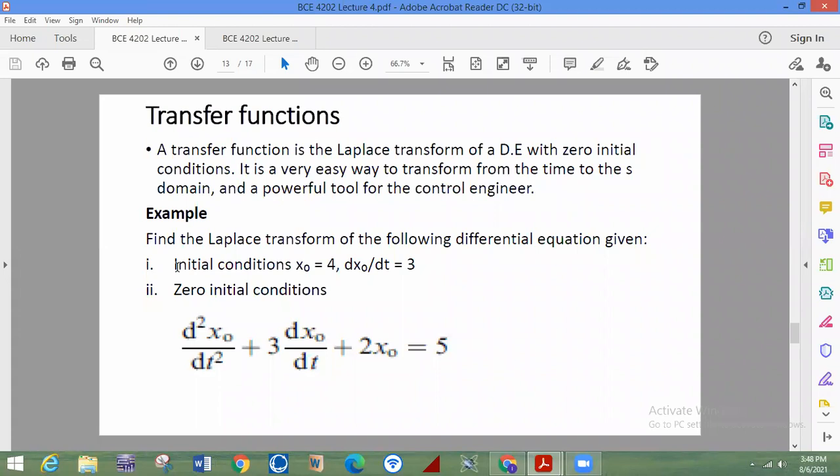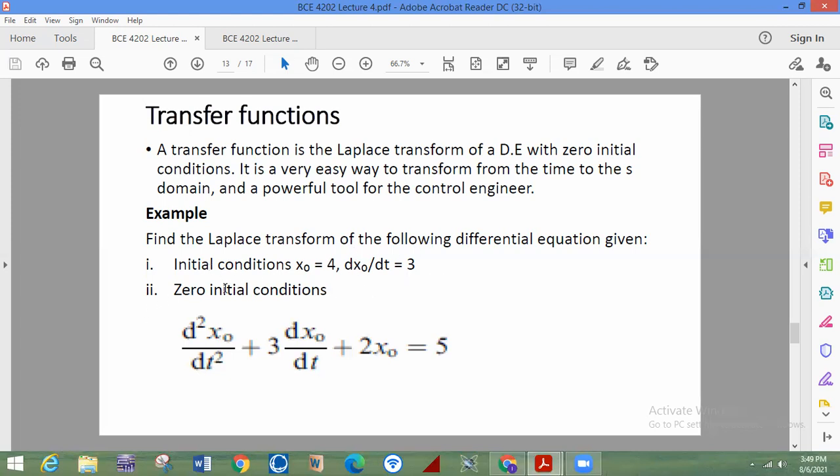We have an example here: find the Laplace transform of the following differential equation given initial conditions x naught equal to 4 and x dot naught equal to 3.